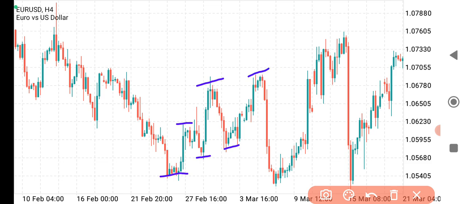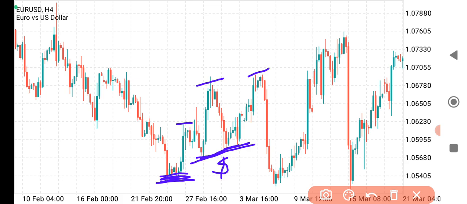But if you look at this zone, it begins to look like a double bottom, which is an area of liquidity. And when we talk about liquidity, we are talking about money. So there is money lying in this zone. And from here is where the market changes character.